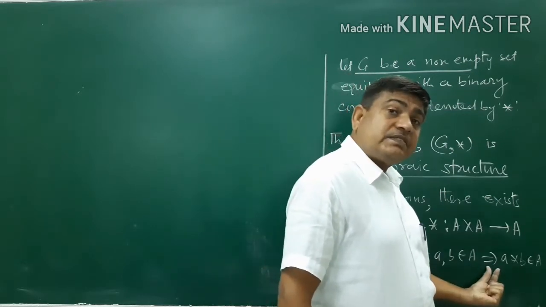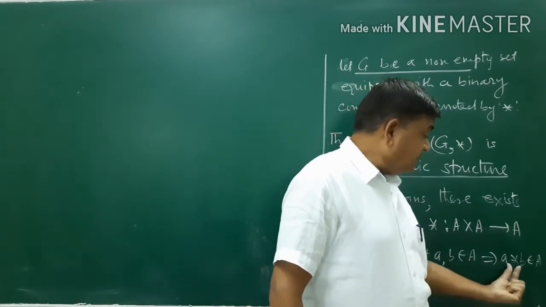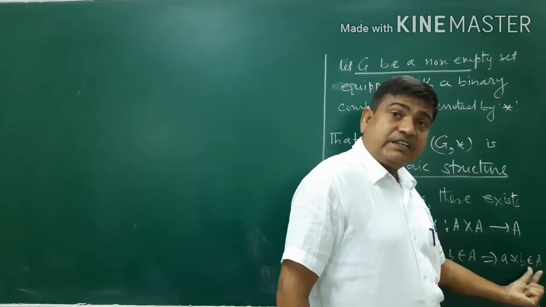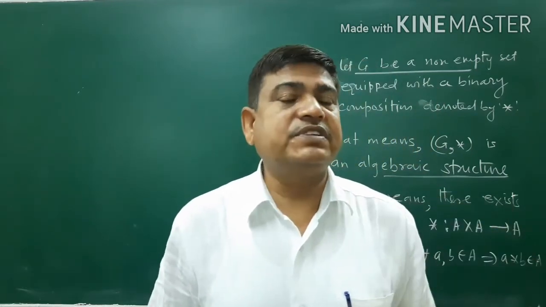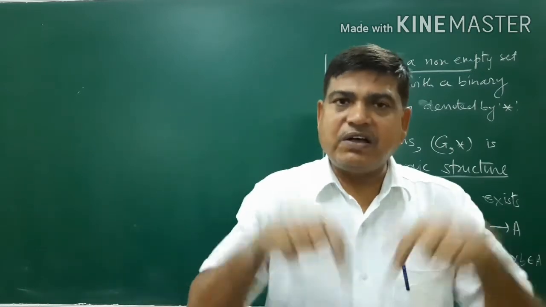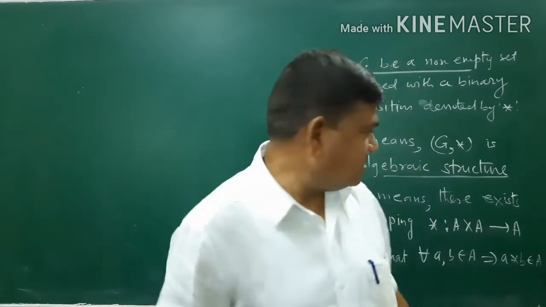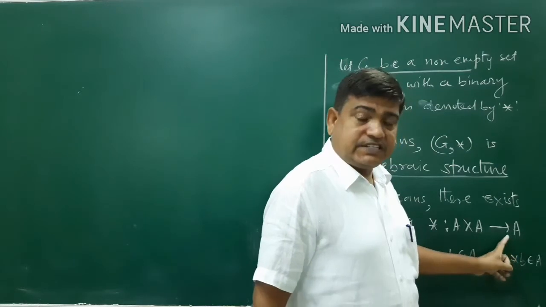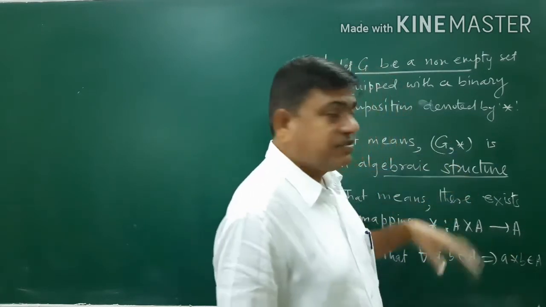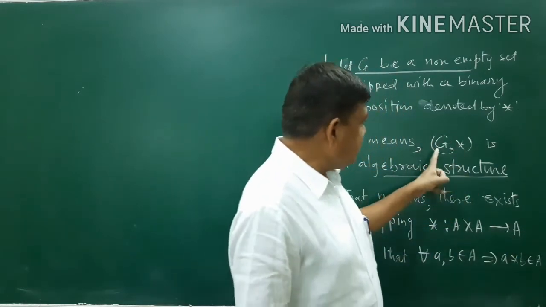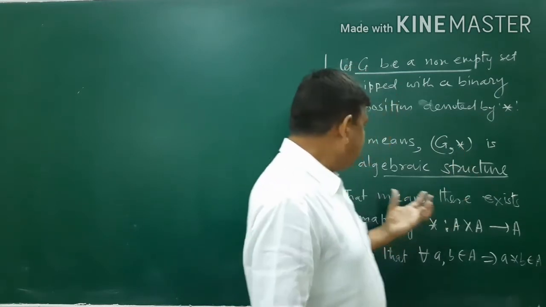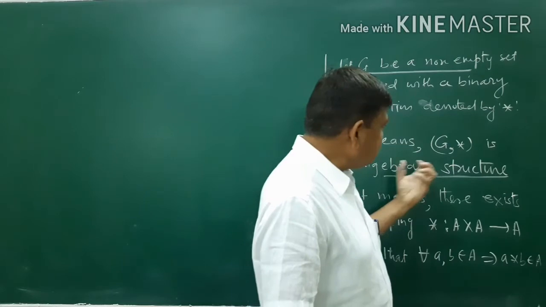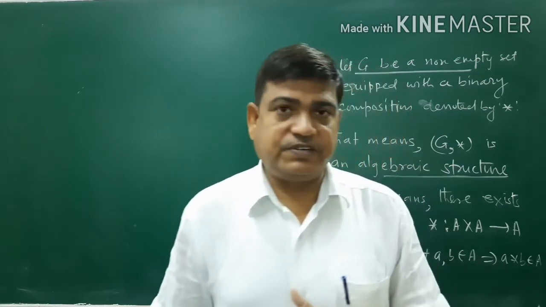This implies a * b must be in G. Taking two elements at a time, whatever the composition is, you just apply it, and the answer must be in the given set. Then you call it a binary composition. So this G with a binary composition is called the algebraic structure.